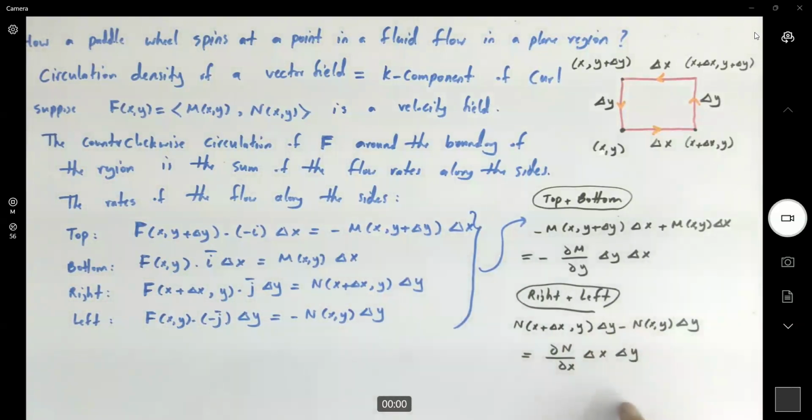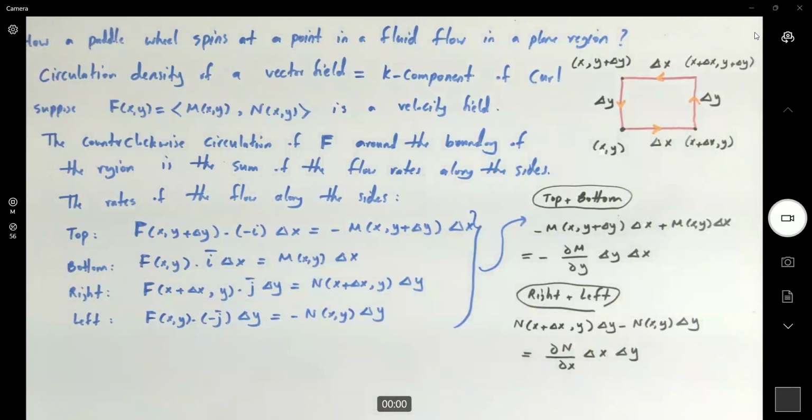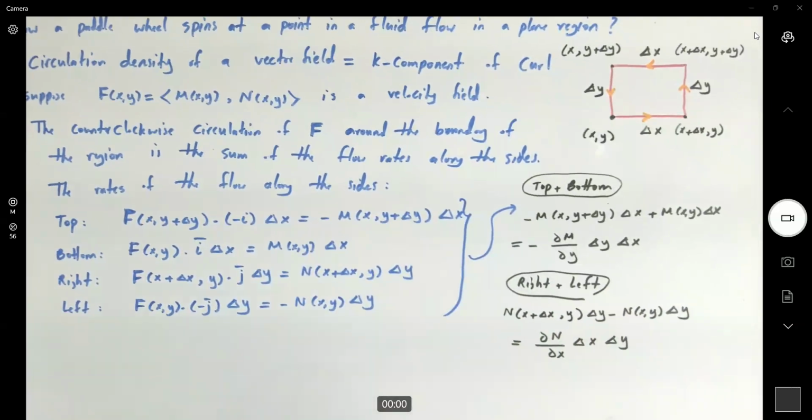Adding these two together gives us the following: the partial derivative of N with respect to x delta y minus the partial derivative of M with respect to y delta y.